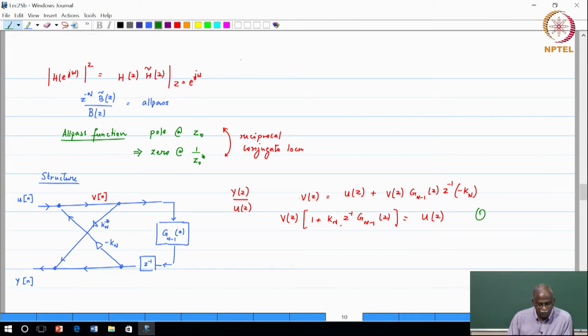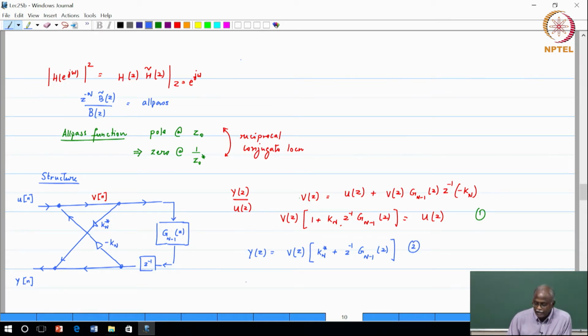Okay, so please do a similar exercise and verify equation 2, which says y of z can be written in terms of V of z as V of z into k n star plus z inverse g n minus 1 of z. That is equation 2.